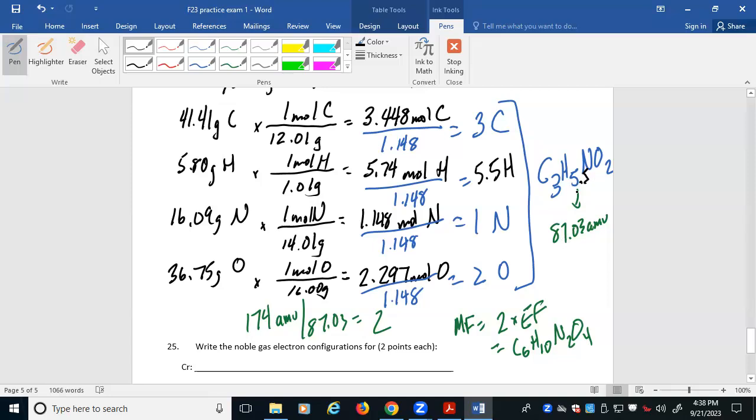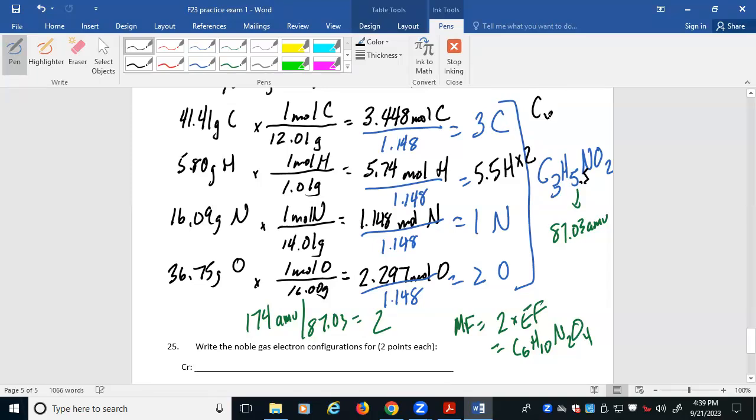We would have to multiply the entire formula by 2 to get rid of the half fraction. So kind of similar to what we were doing yesterday with combustion reactions. If we have a coefficient of 1/2, we multiply the whole equation by 2 to get rid of the half. Same kind of idea here. If I do the calculation and it comes out as 1/2, I multiply everything by 2.